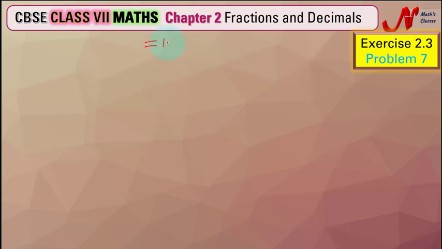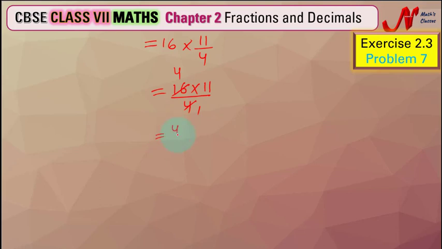Now 16 into 11 by 4 can be written as 16 into 11 by 4. We can cancel here. 4 ones are 4, 4 fours are 16.